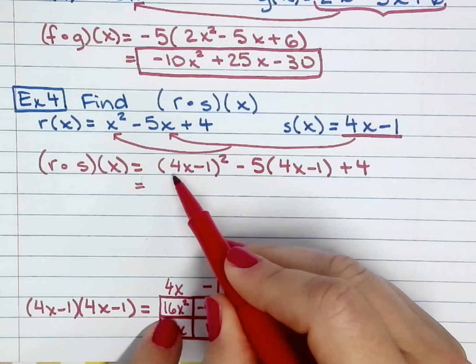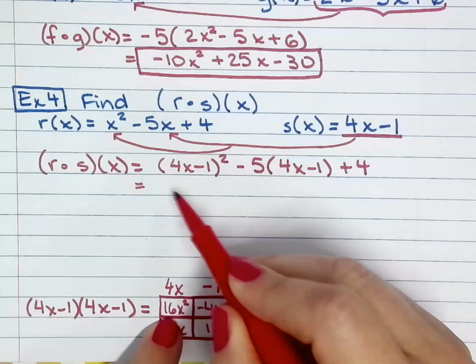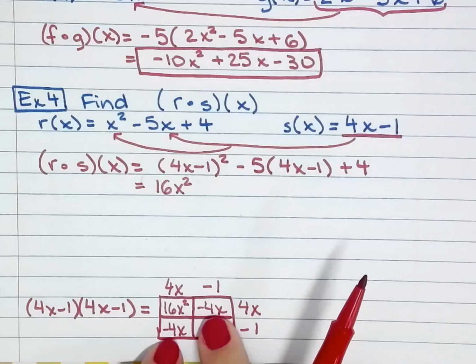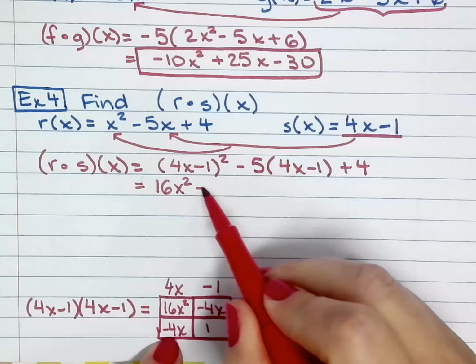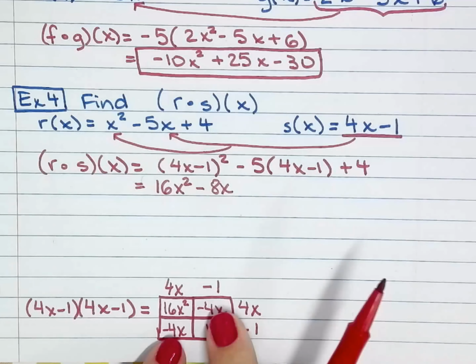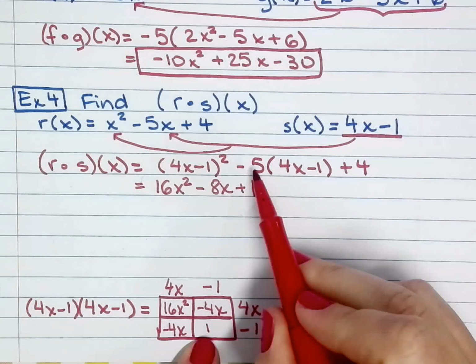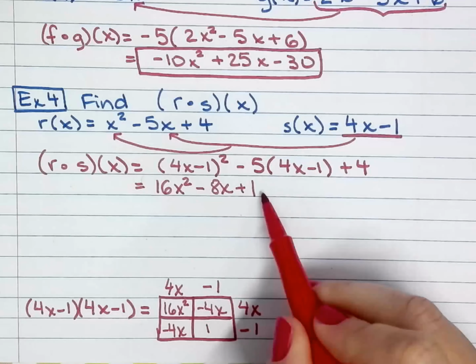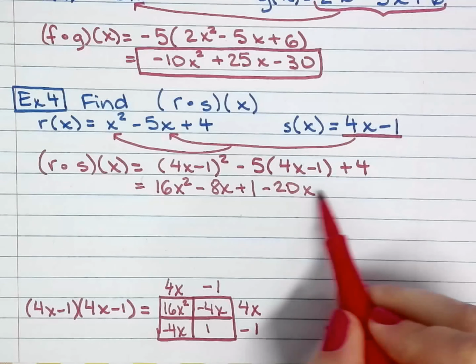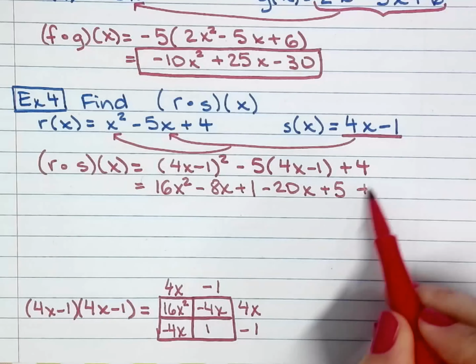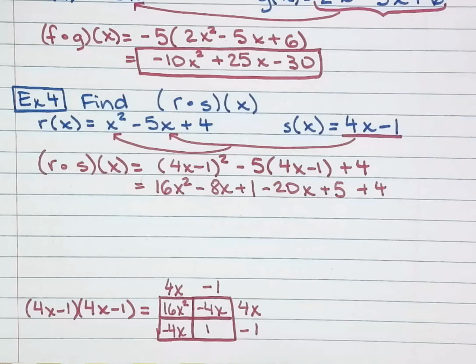So 4x minus 1 squared is 16x squared minus 8x, because I'm combining like terms right there, plus 1. Distribute this negative 5. And then plus 4. Combine like terms.